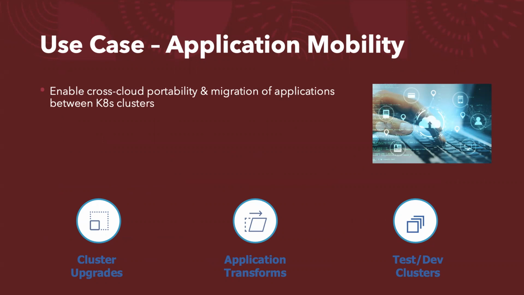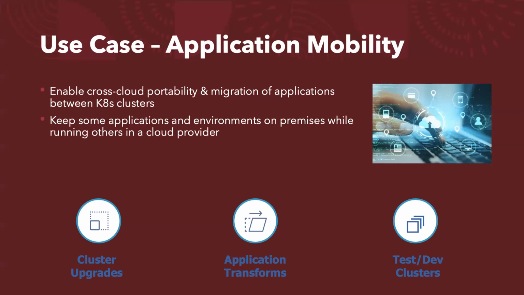You might want to enable cross-cloud portability or migration of your application between different Kubernetes clusters. It doesn't have to be that both of them are running OpenShift. It can be any of the supported Kubernetes distributions.